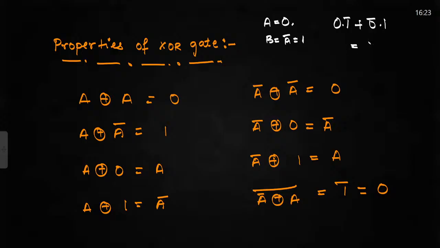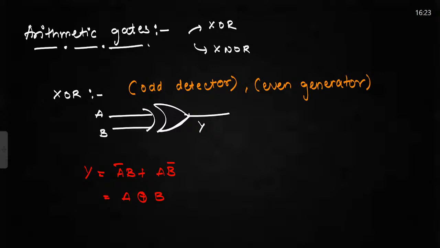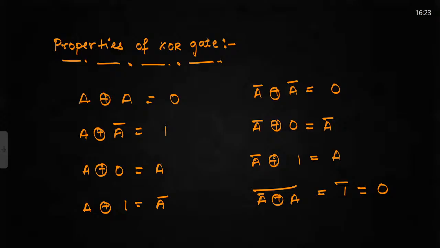So that will give me 1. That is the equation. I think you understood this one. Similarly, if you substitute in this output equation, you will be able to find all the values.